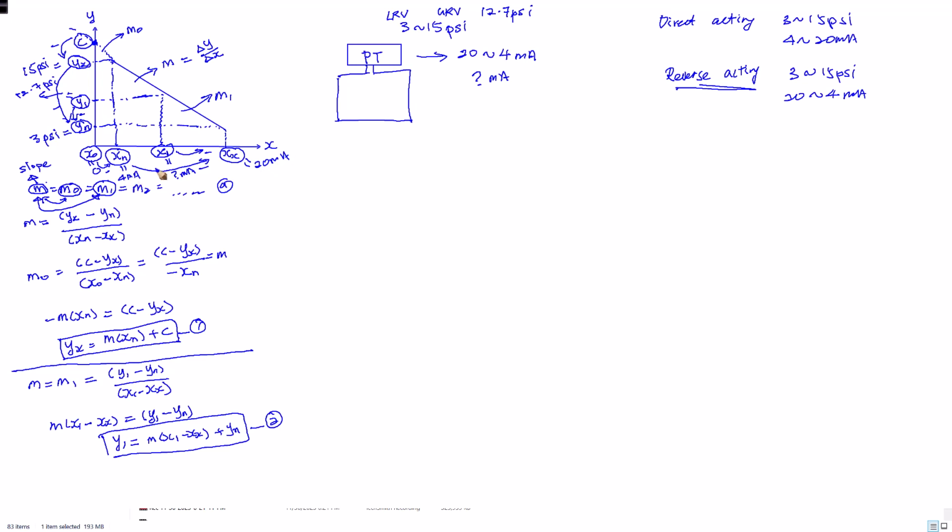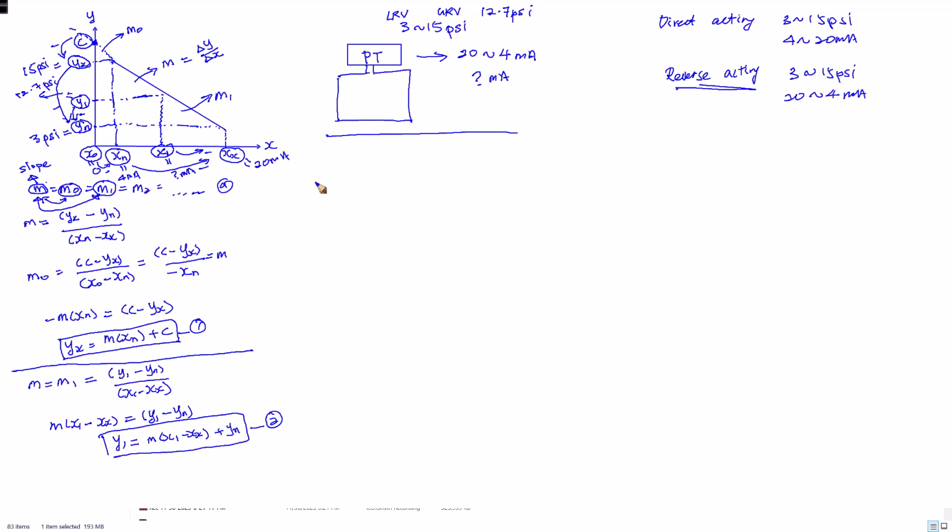As you can see, for reverse acting, 3 psi is equal to 20 milliamp, while 15 psi corresponds to 4 milliamp. So now we have the two equations we can use to find the corresponding milliamp signal given the 12.7 psi pressure.